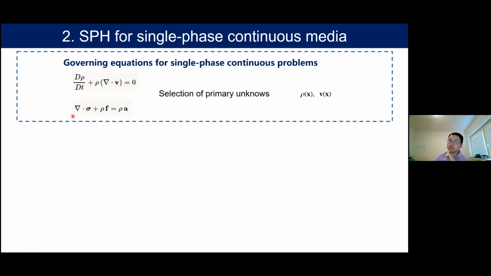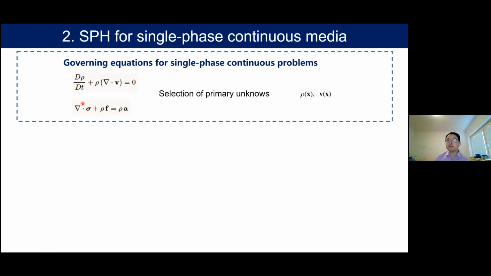And the second is the momentum conservation equation, which means that the acceleration of the material element is caused by the net force, which is the internal force caused by the gradient of your stress tensor, and also body force, which is usually gravity in our simulation.